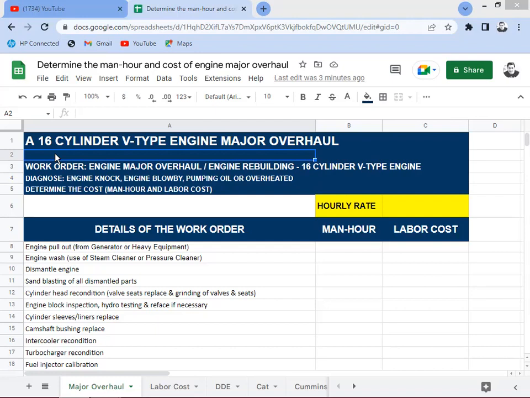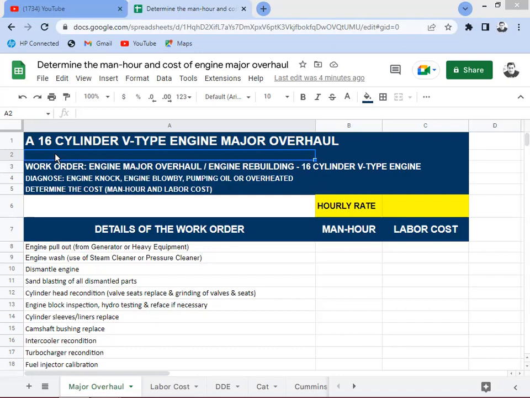This is the service that this company provides to customers who own heavy equipment and engines: overhauling, engine rebuilding, and rehabilitation of heavy equipment. The cost accounting department only needs the required man hours so that they are able to do the costing.